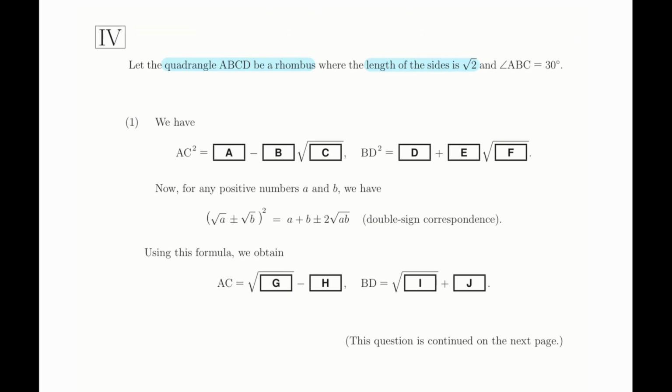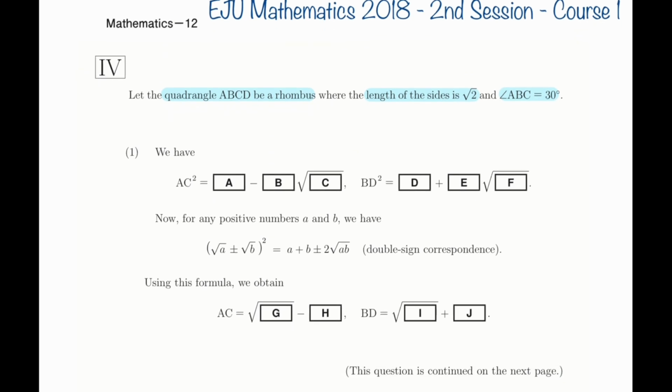In this case, the length is square root of 2, and angle ABC is 30 degrees. So, if I illustrate it, I will have a rhombus like this. Assume this is a rhombus of equal sides, which is square root of 2.